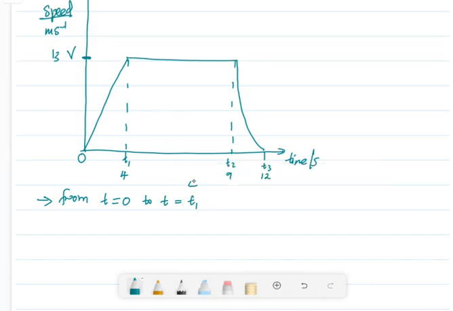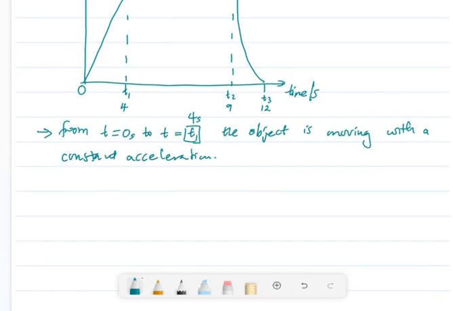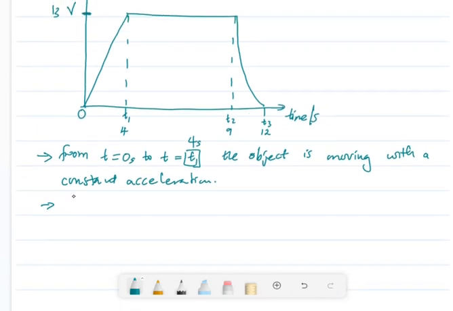So from t equal to 0 to t equal to 4 seconds, the object, you can say the bus, the car, whatever is being highlighted there, is moving with a constant acceleration. There is constant acceleration since it's a straight line. You get your 1 mark there.